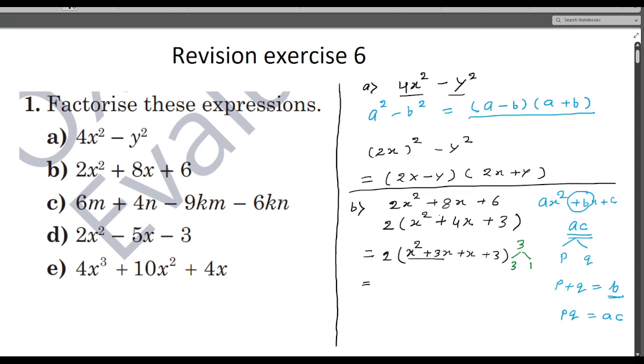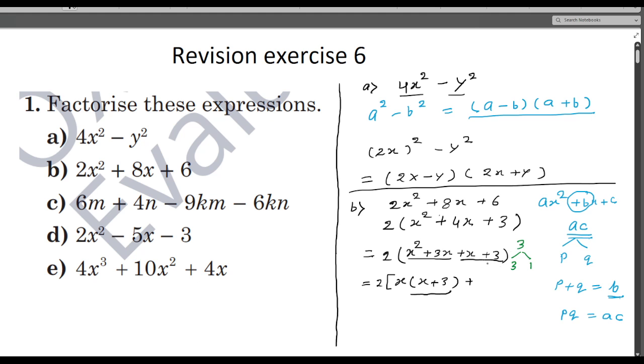Then from the first two terms, I can take x common, so it is x plus 3. You have to see whether only x is common or some number is also common. Here simply x is common. Now when you follow this method, in the last two terms also you will find x plus 3 common.